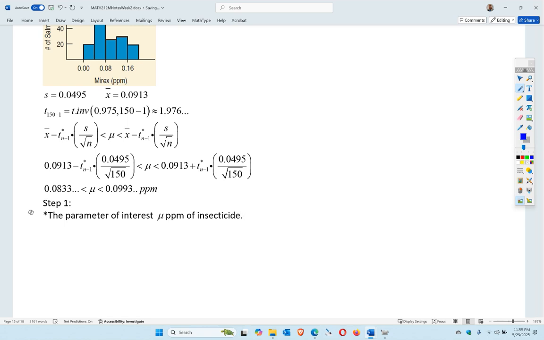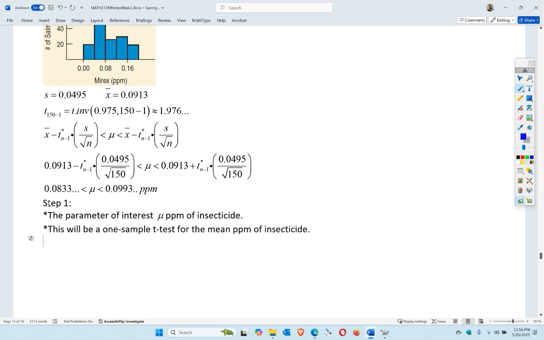Probably should put Murex insecticide maybe, but oh well. So this will be a 1 sample t-test for the mean parts per million of insecticide. Probably should specify Murex, but that's fine.